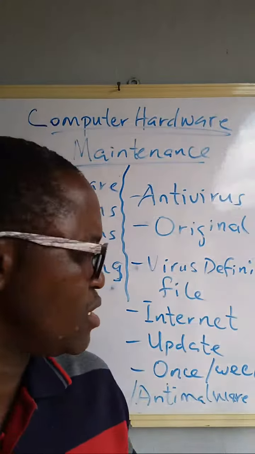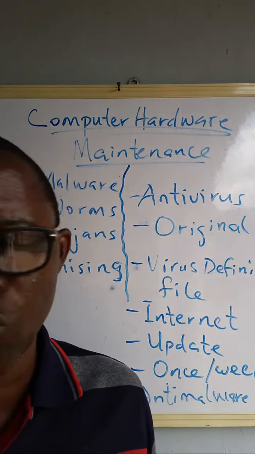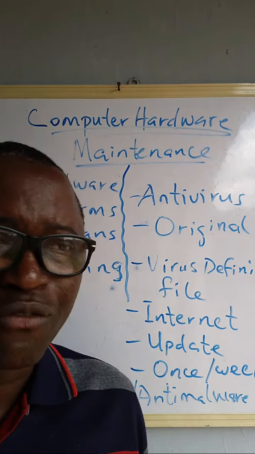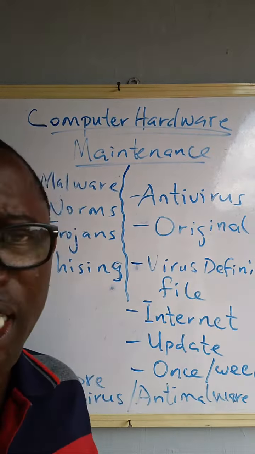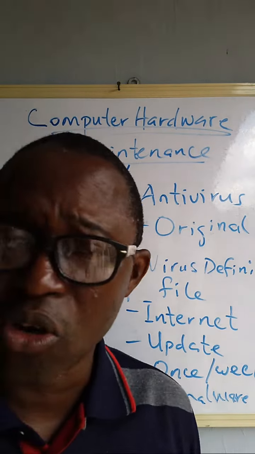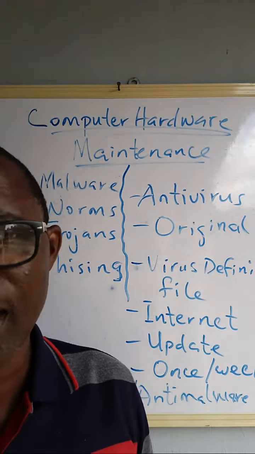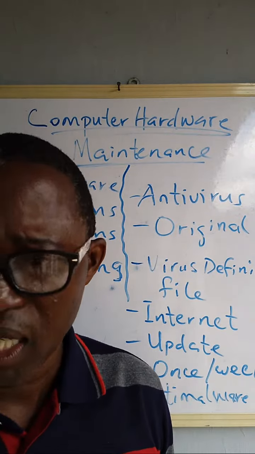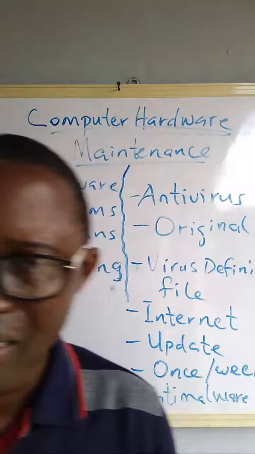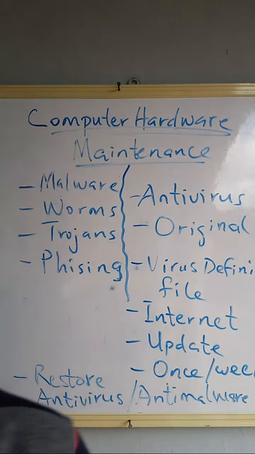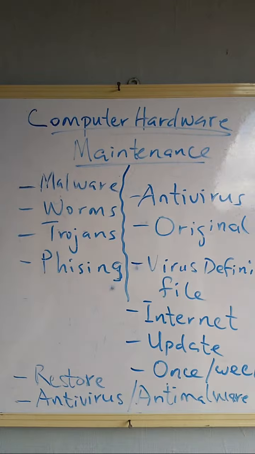And most of the software we install these days, when you finish installation, you have to visit the website of the owner and use the key to unlock the software given to you. When you are using a pirated copy, you may not have that, and definitely you will know that it is fake. It is not the original. So these are various ways by which you can detect that this antivirus you are using is actually fake. So that is how it is. So I think Akindele, you got that.